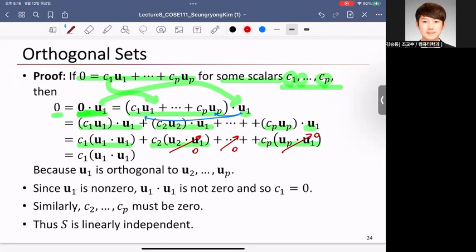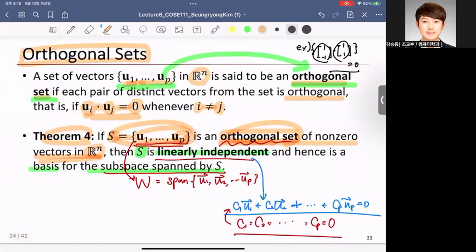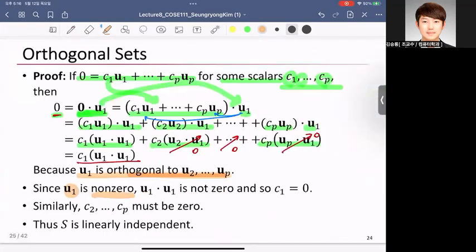Then 0 is equal to c1 times u1 inner product u1. Since u1 is a non-zero vector by definition, u1 inner product u1 is not zero, so c1 should be 0.